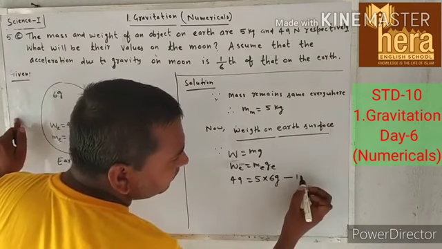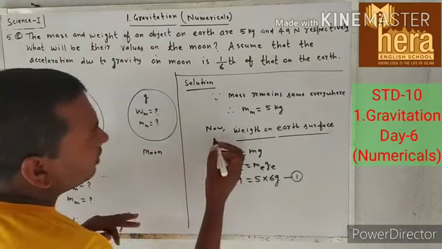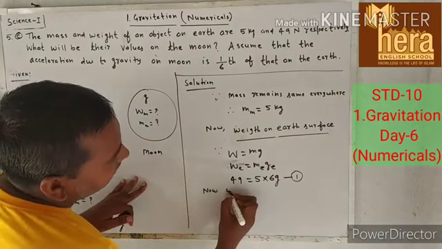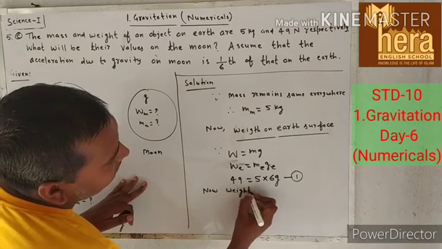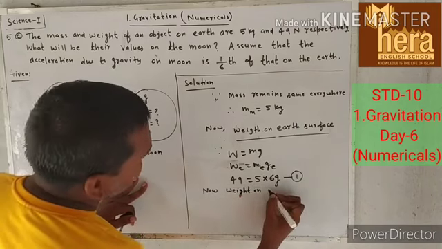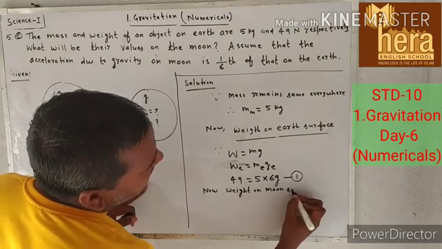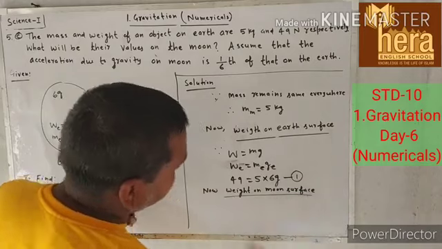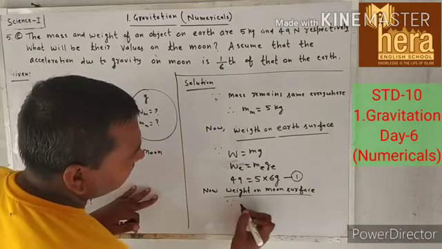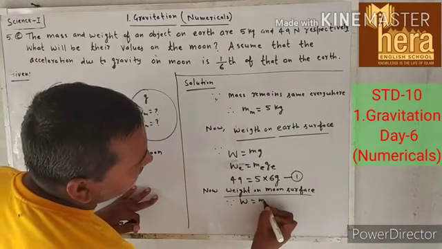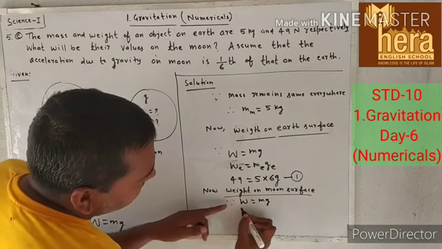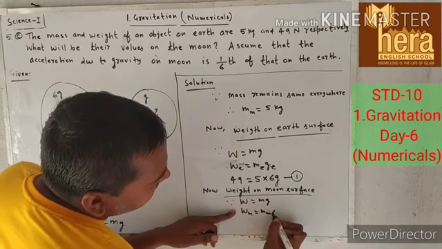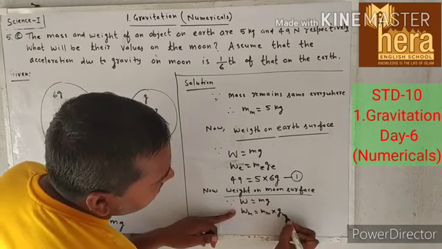Equation number 1. Now for moon. Now weight on moon surface. Since W is equal to mg, W for moon is equal to mass on the moon surface into acceleration due to gravity on the moon.